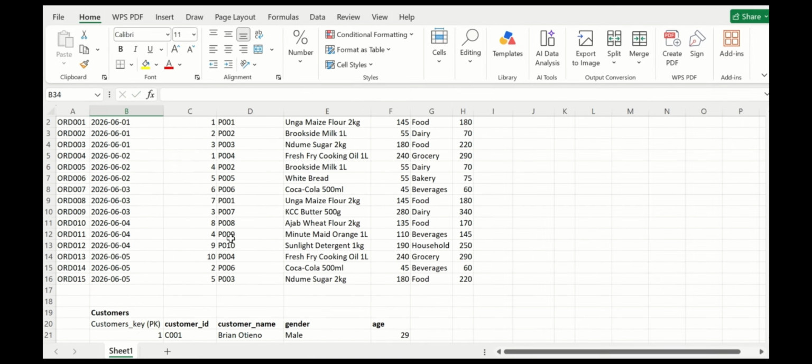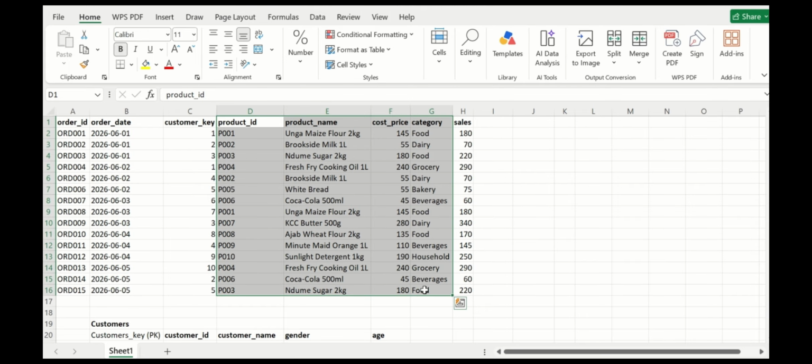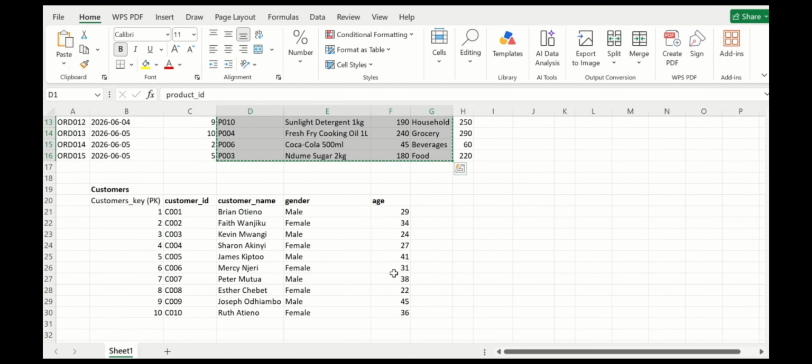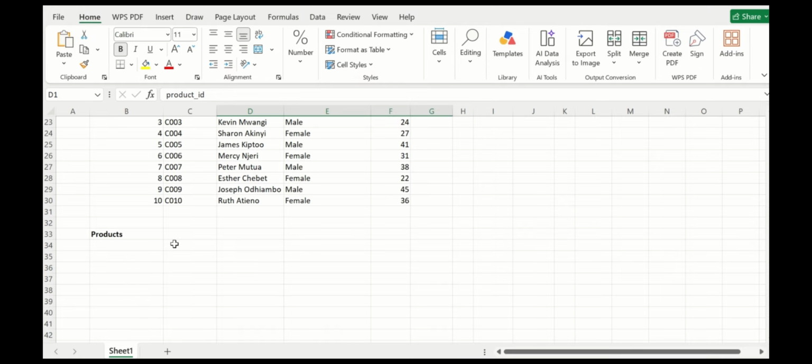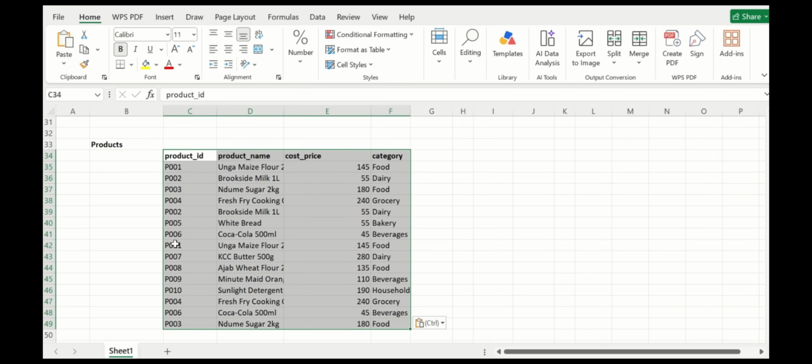Let's bring the product details and copy them here.